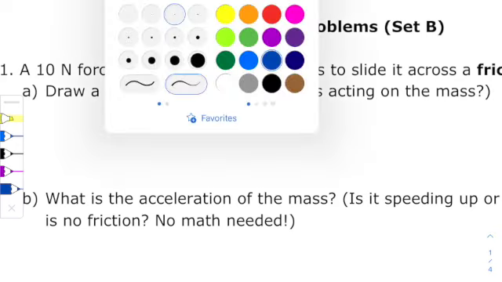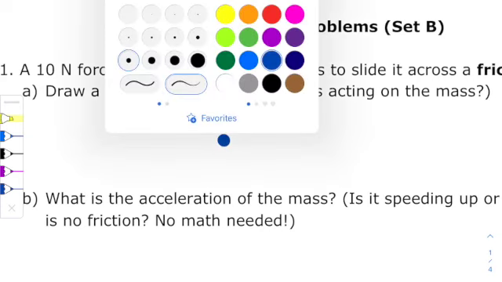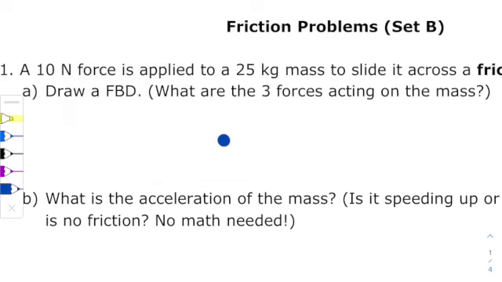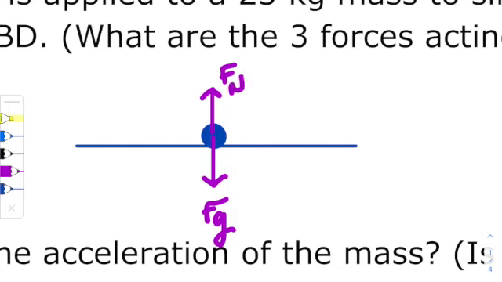So let's go ahead and draw our free body diagram. Here's our table. We always have gravity when we're on the planet Earth. We have a normal force that should be equal and opposite.